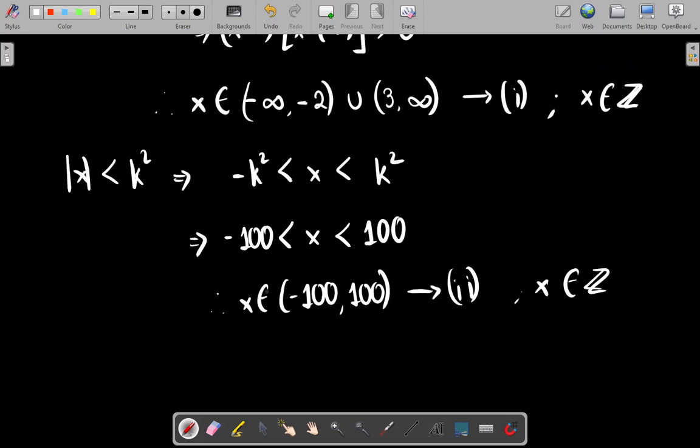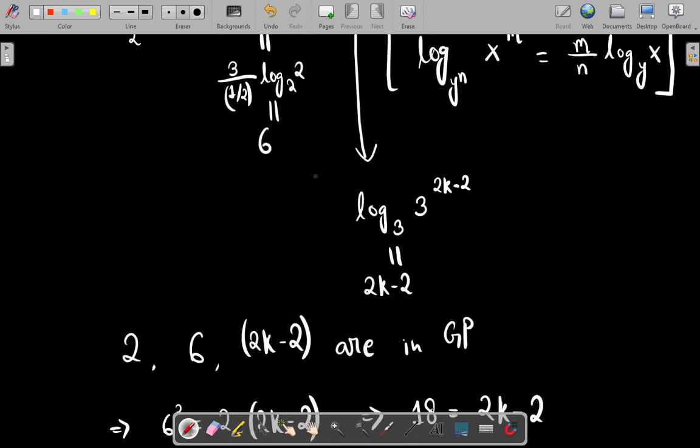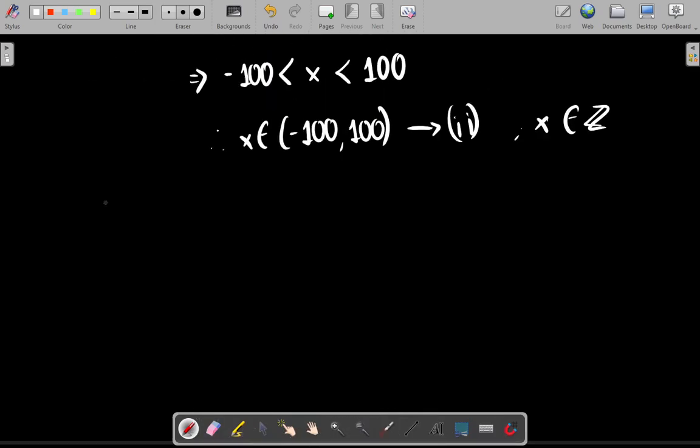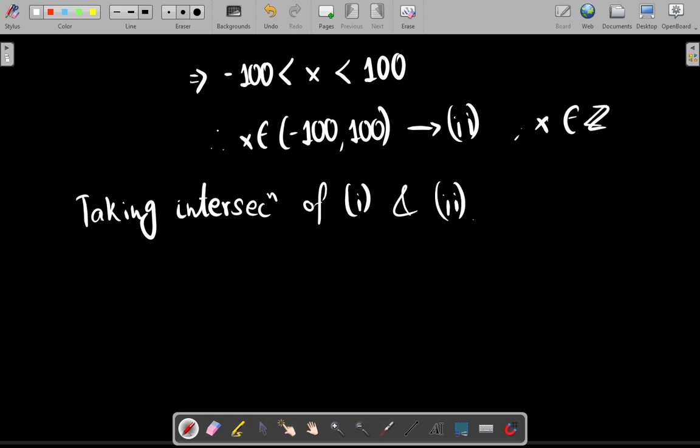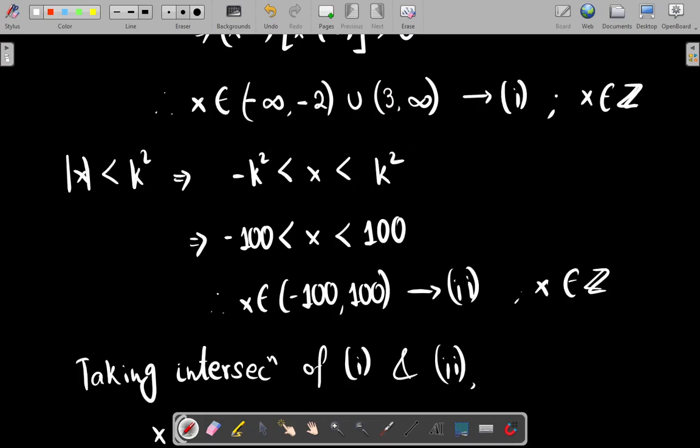So we have to find the common solutions which satisfy both. So we have to take the intersection of 1 and 2. Here it was going from minus infinity and stopping at −2. Minus 2 is excluded here.